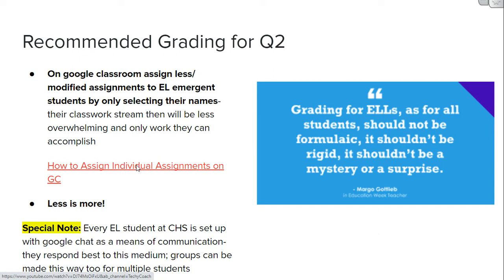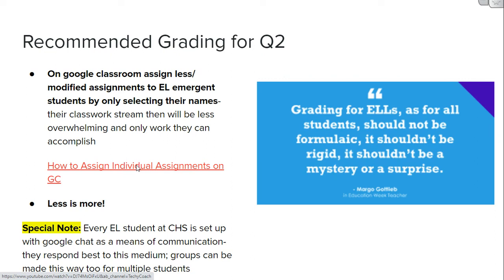There's also a way for you to make a Google Chat group with just those students that are emergent in your class, and you could be asking them questions, asking them if they need support. You could also use Google Translate, and maybe if all of those students are Hispanic, you could be sending that message in Spanish to those students.